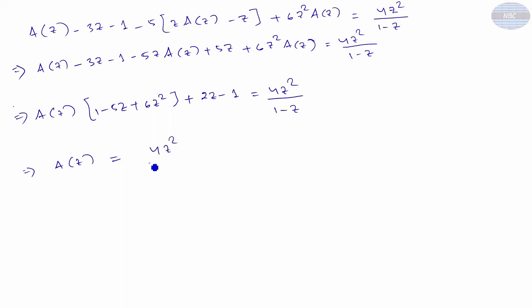So this is nothing but 4z square divided by 1 minus z, plus 1 minus 2z, all divided by 1 minus 5z plus 6z square. Now let us simplify this one.